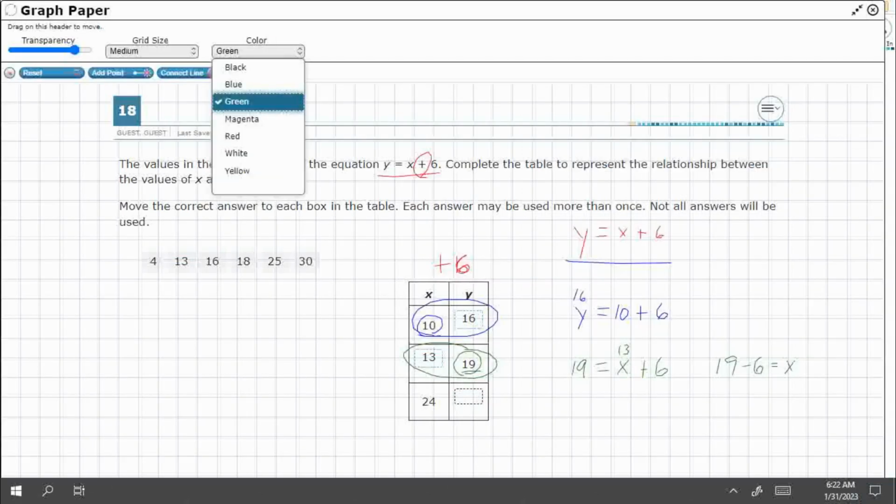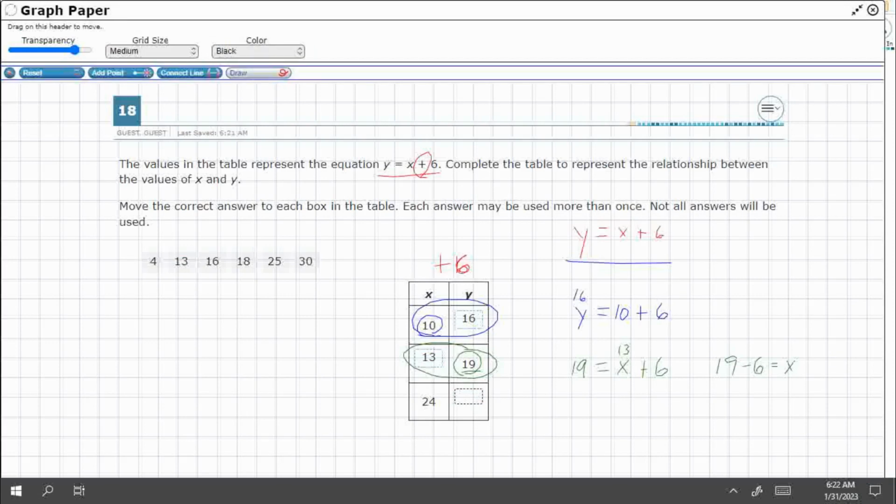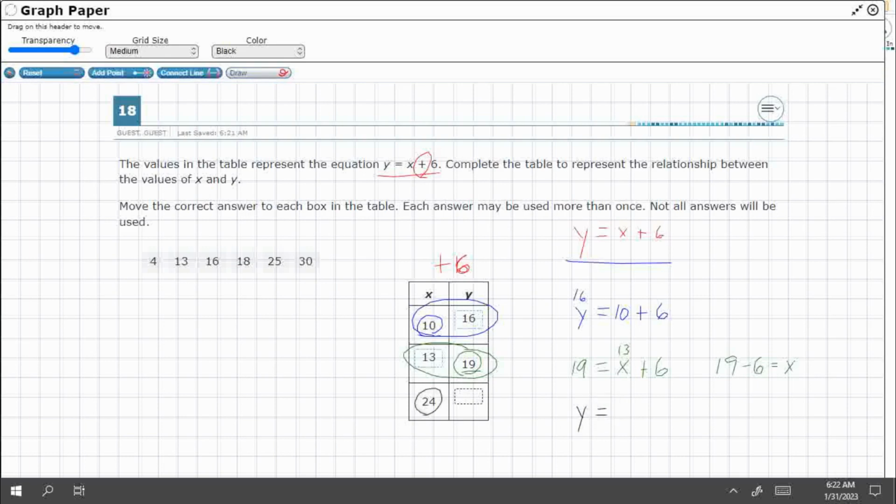All right, we've got one more to do. Let's do black. So we've got 24. My y is my unknown, so I'm going to put my y right here. Now, x is what they give me. X is 24, so I'm going to replace my x with my 24, and then it's still plus 6.